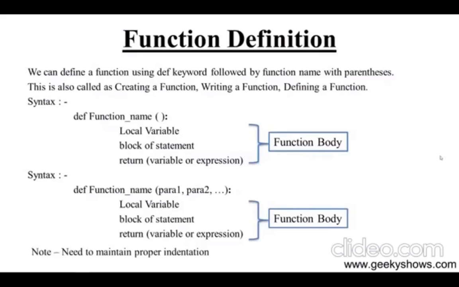We have to maintain indentation, else it will not treat the block as inside the function. In other programming languages, we have braces to specify that a set of code belongs to a particular function. Here, since we don't have such things, we have to provide proper indentation.